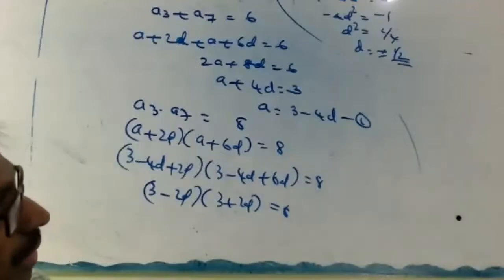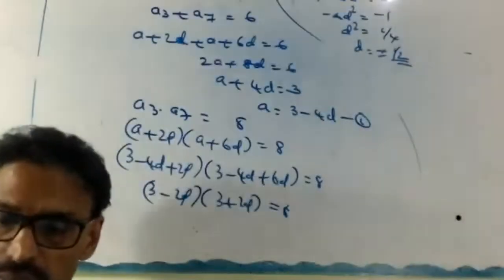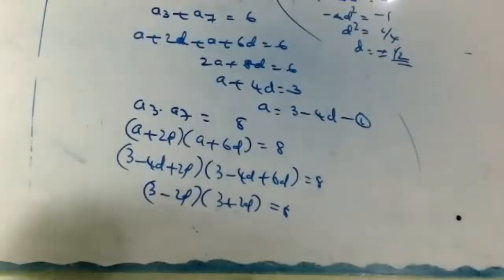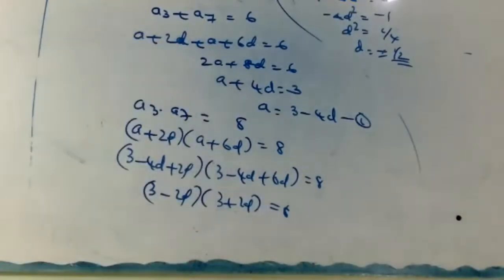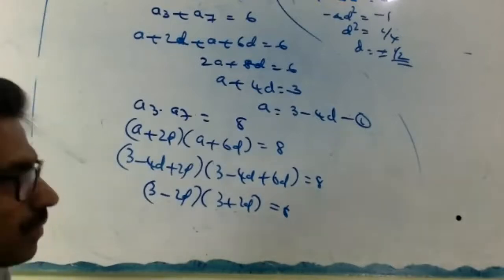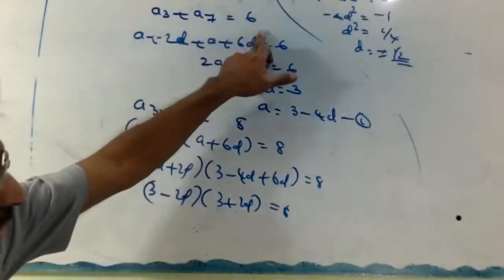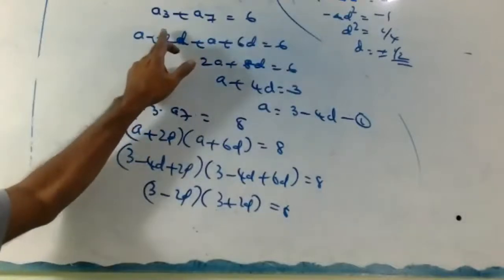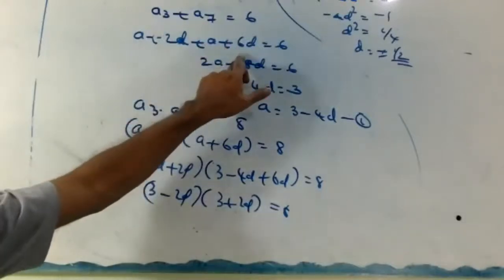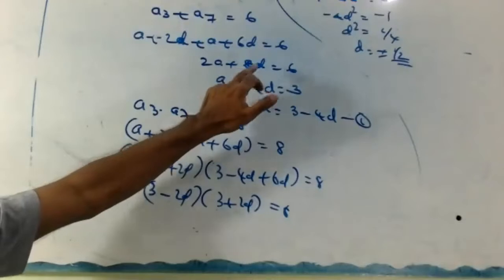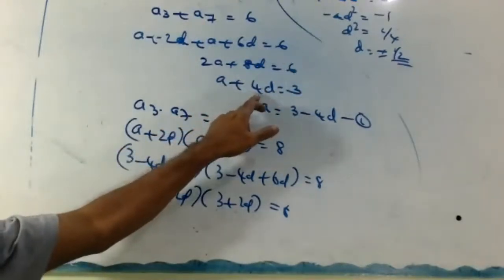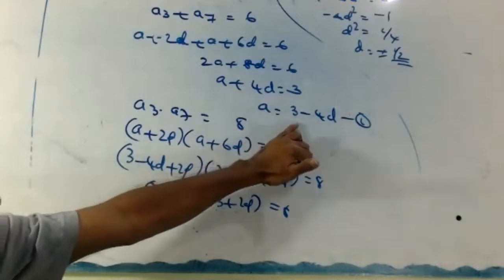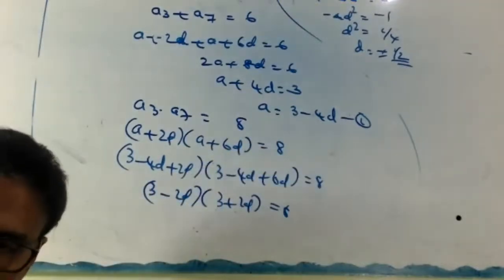Oh, you can't see the board. Everything can be seen. Apurva, listen, I'll read. A3 plus A7 equal to 6. A plus 2D plus A plus 6D equal to 6. 2A plus 8D equal to 6. A plus 4D equal to 3. So A equal to 3 minus 4D. Up to here okay?